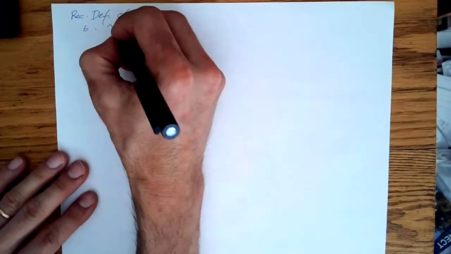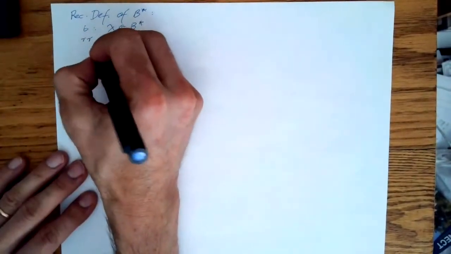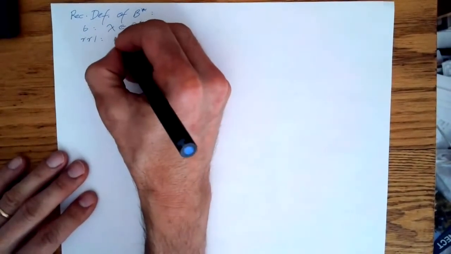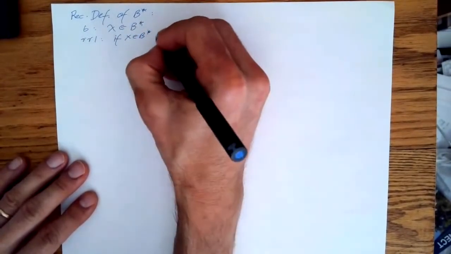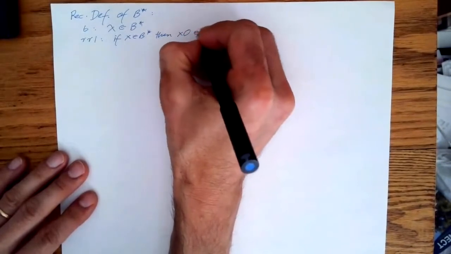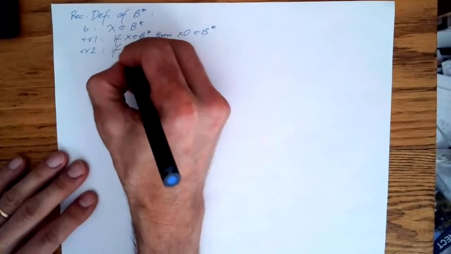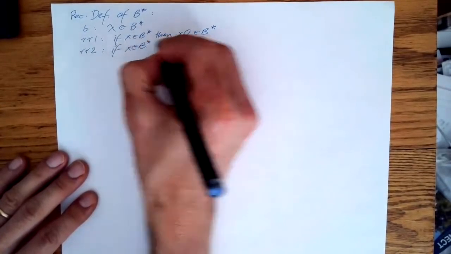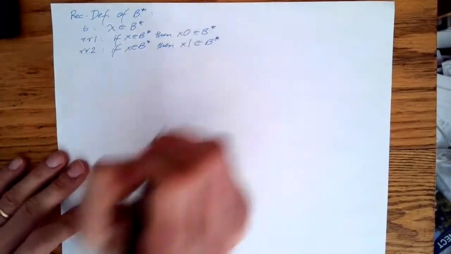Base case: the empty string is a member of B star. Recursive rule 1: if X is in B star, then X0 is in B star. Recursive rule 2: if X is in B star, then X1 is in B star.